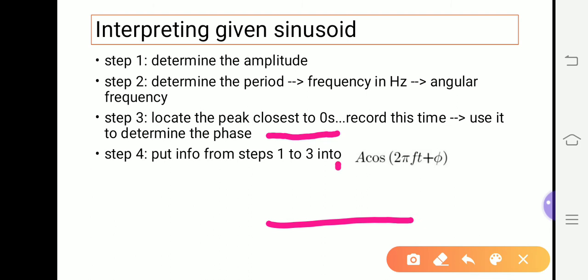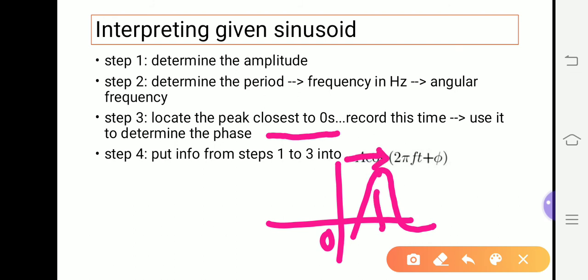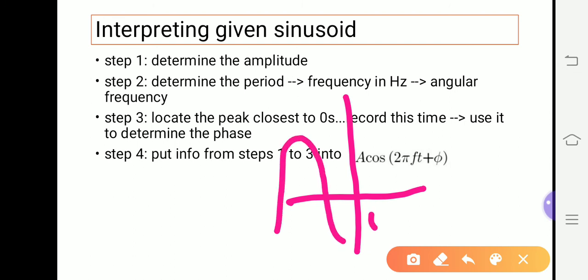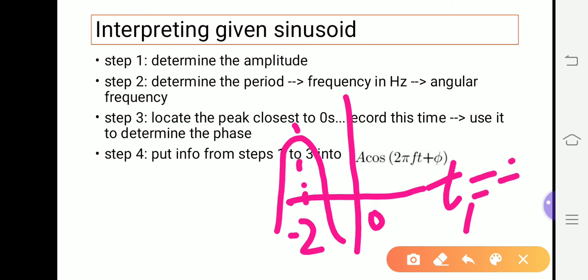If let's say we have a peak here, and this is where 0 is, this might be 1 second. But if the peak occurs here, and this is where 0 is, and the value we get is maybe -2, then this t1 will be equal to -2 seconds.